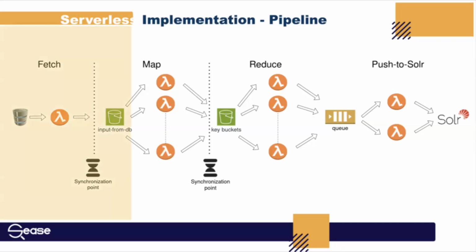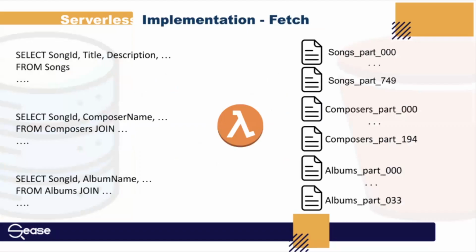So let's go into details, starting with fetch. The fetch function executes all our queries. Still using the same example, let's select all songs, titles, and so on, and we get the list of songs. We don't write all of them in the same file, mostly for two reasons. Performance, and also to keep the memory under control, because while I receive the record set from the database, I can create a buffer.